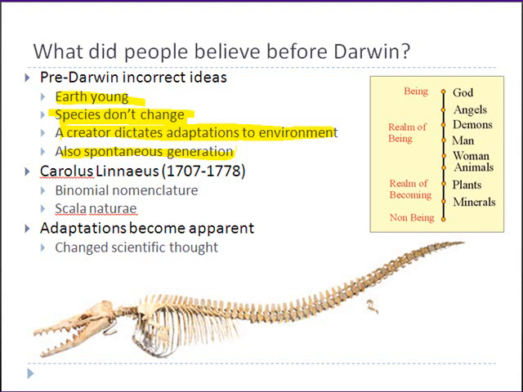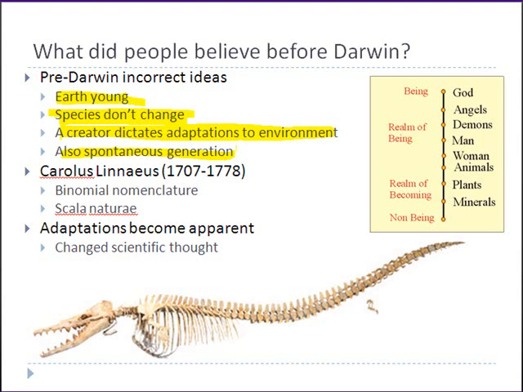For example, a farmer might leave a bag of grain in his barn and come back a week later and see a whole bunch of mice in the bag of grain. They would have thought that the mice sprouted spontaneously from the grain seed. Of course, we know that's not true now, but these were some of the ideas that were believed at the time.